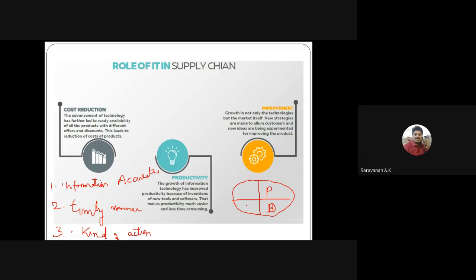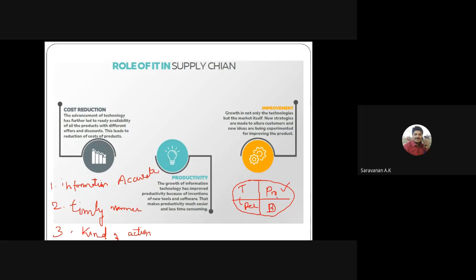To whom do we have to deliver? To the correct person. Then when do we have to deliver the product? At the correct time, right? So these four are the objectives of any supply chain network. We have to supply the correct product.